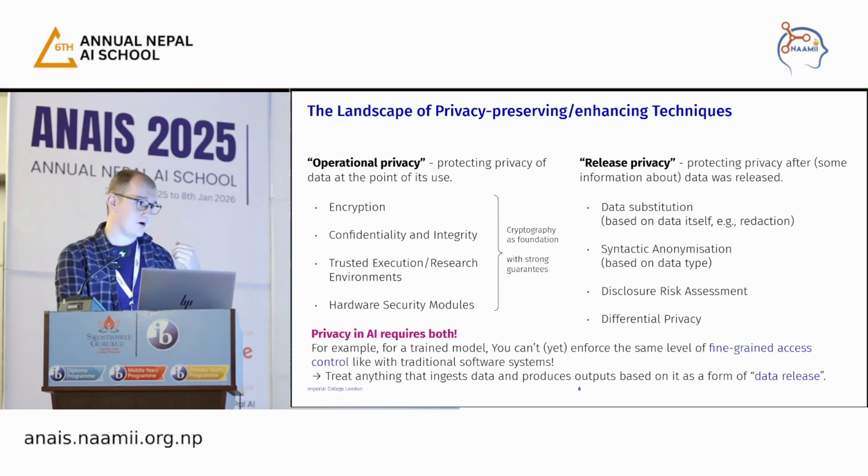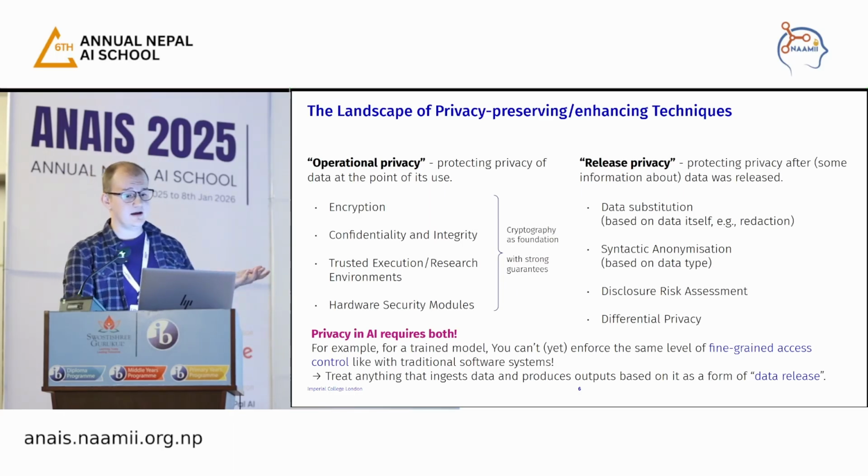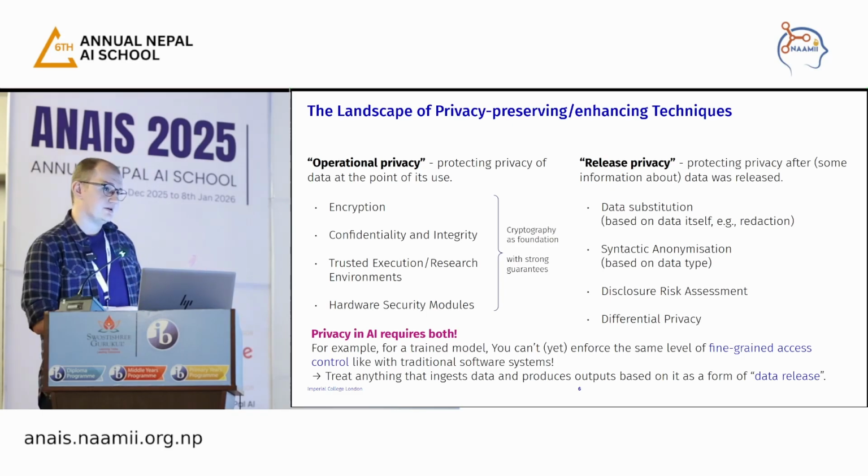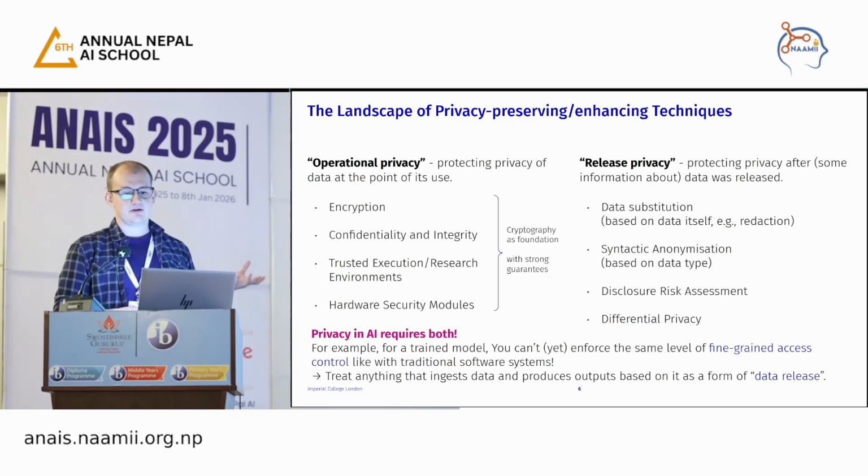So now, what does all this have to do with AI? The argument is that privacy in AI requires both, right? So let's say you have trained a machine learning model, great, it performs well, but unlike a traditional software system, you cannot enforce the same level of fine-grained access control.